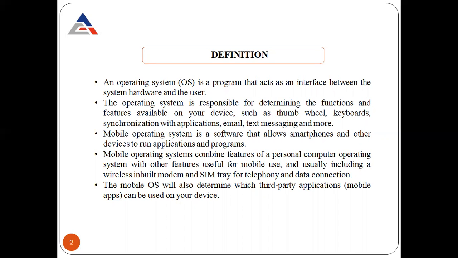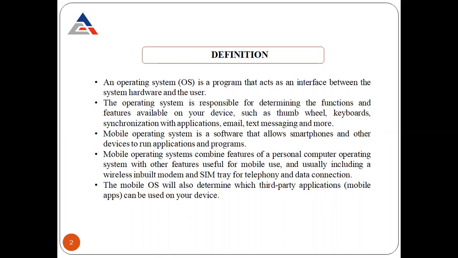The operating system is responsible for determining the functions and features available on your device. So with the help of the operating system, we can use various features of mobiles, such as opening your mobile with thumb scanning, finger scanning, whatever it is.